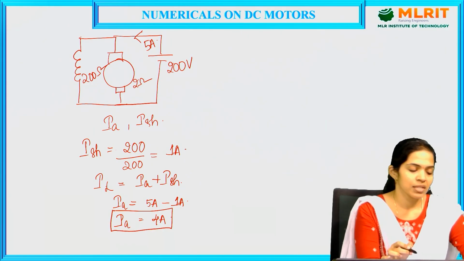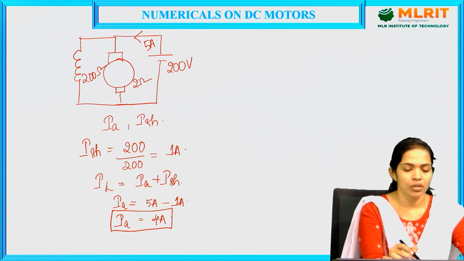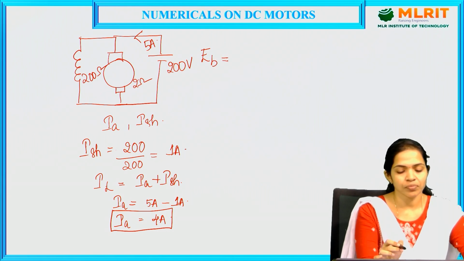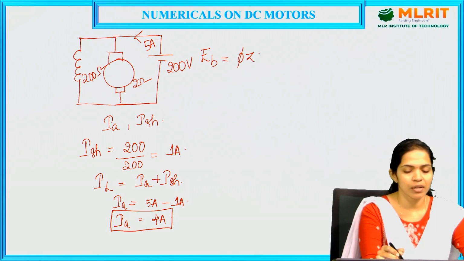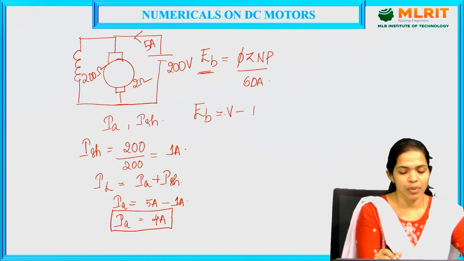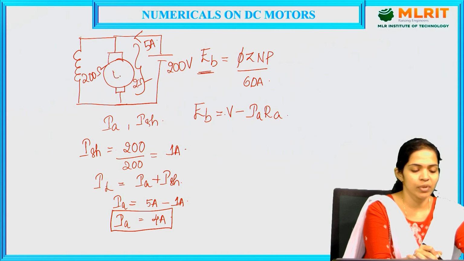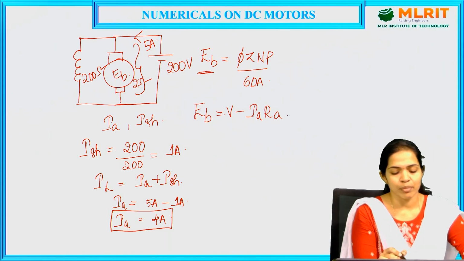So maintaining the same magnetic field, he is now asking us to find out the speed of the motor. To find the speed of the motor, we require our Eb. Eb is again ZNP by 60A. We need to calculate Eb for our motor now. To calculate Eb, we write it as V minus Ia Ra, for this particular branch, to calculate Eb across the armature.